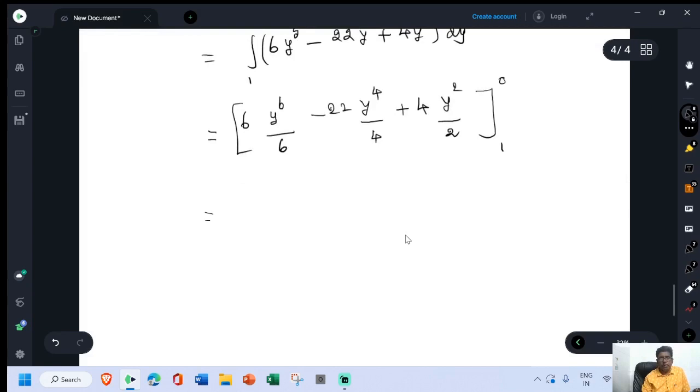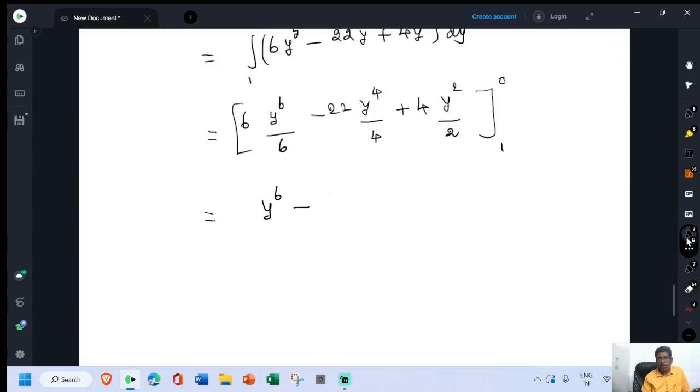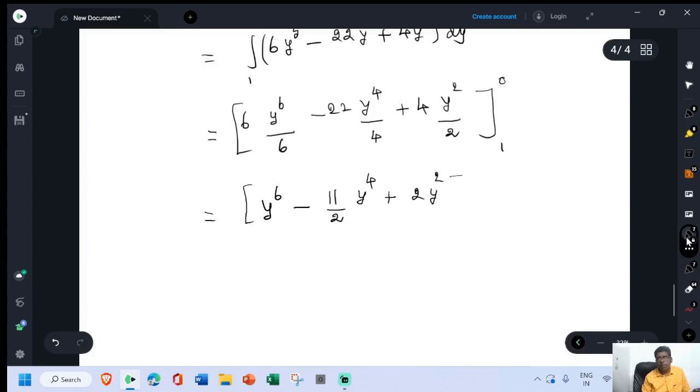This is y power 6 minus, we may write this one as 11 by 2 y power 4 plus 2y square. Now apply the limits 1 to 0.